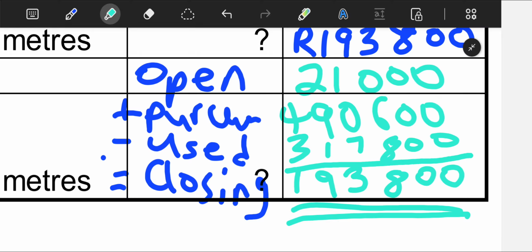Right. You can also, let me put it in brackets so that you can see that it is being deducted, just in case you want to prove to yourself that this plus this minus this gives you this. Right. Let's move.